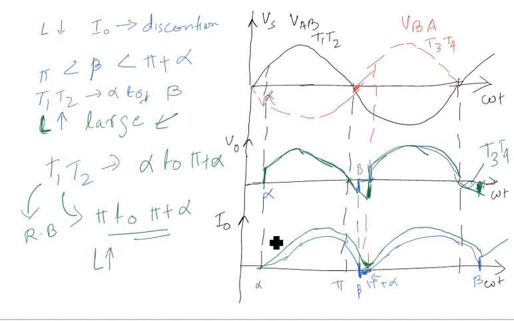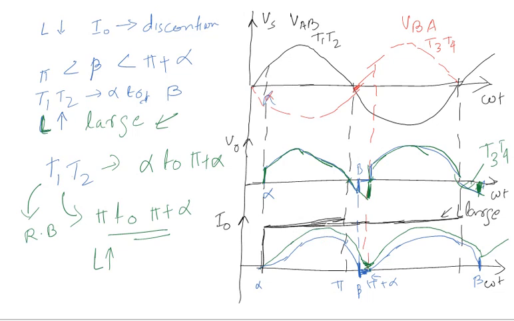We can say this waveform is similar to a square shape, that green waveform, which is the current. Whenever I say large inductance, assume that the output current is completely DC. This is the change you must remember.